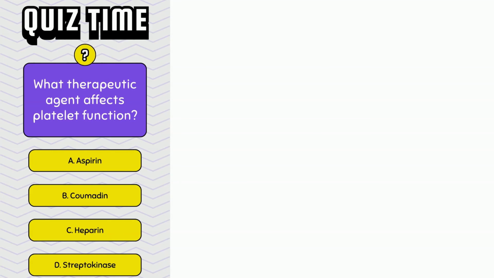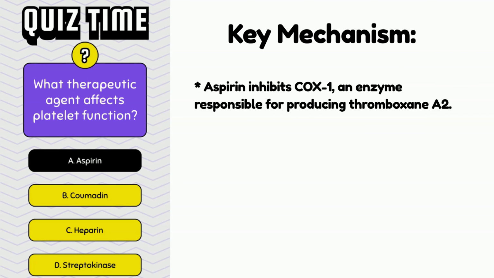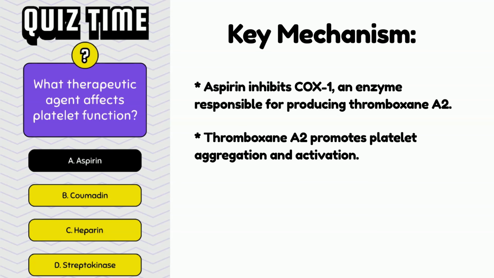What therapeutic agents affect platelet functions? The answer is A. Aspirin. Aspirin is a therapeutic agent that directly affects platelet function by inhibiting platelet aggregation. Here's how it works. Aspirin inhibits cyclooxygenase 1, an enzyme in platelets that's responsible for producing thromboxane A2. Thromboxane A2 is a chemical that promotes platelet activation and aggregation, or clumping.